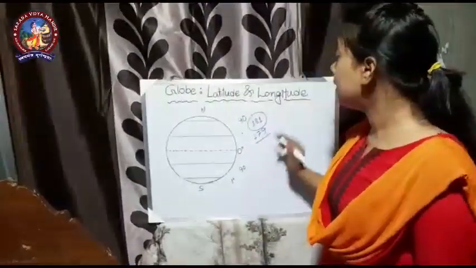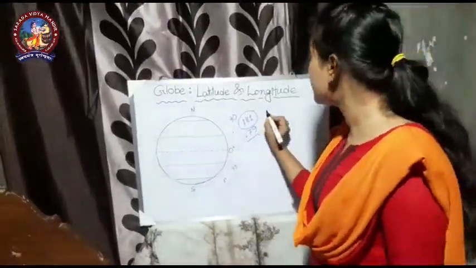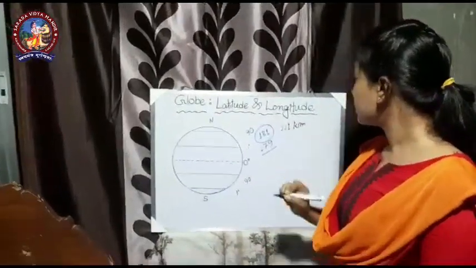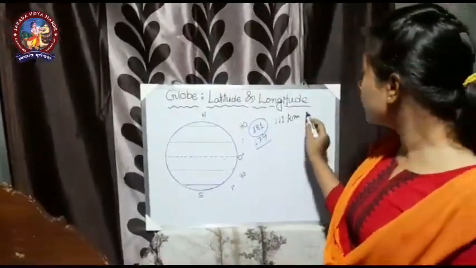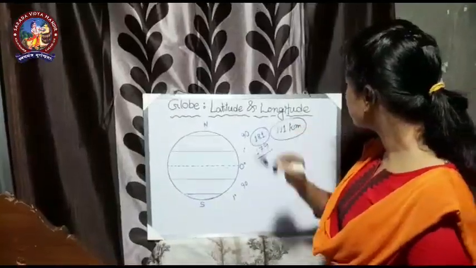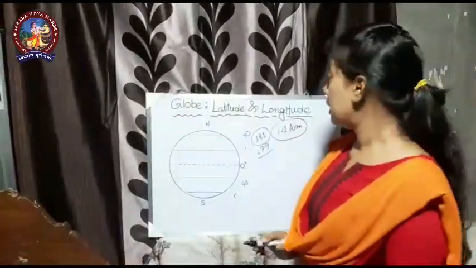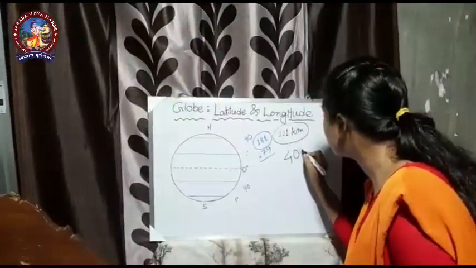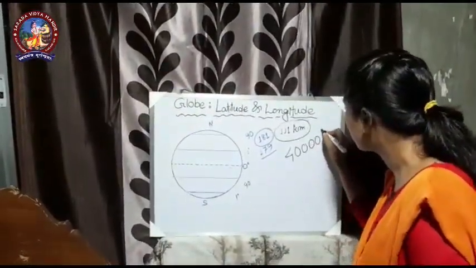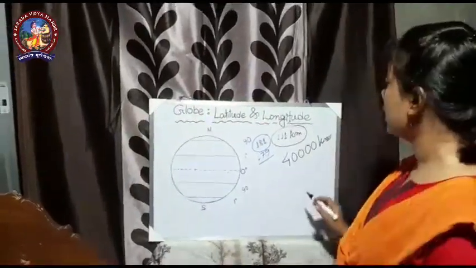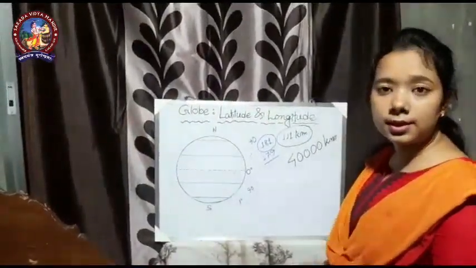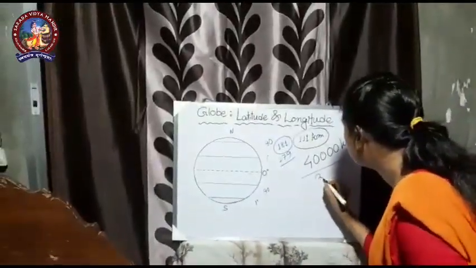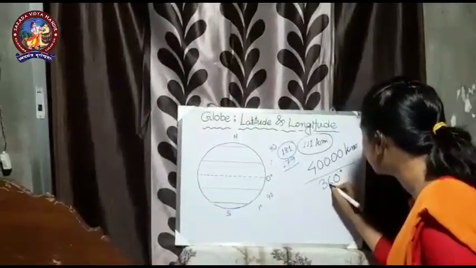1 degree interval on the Earth's surface is represented as 111 kilometer. Now the question arises, how are we getting this number, right? The circumference of the Earth is 40,000 kilometer, and as the Earth is a sphere in shape, we get the angle 360 degree.